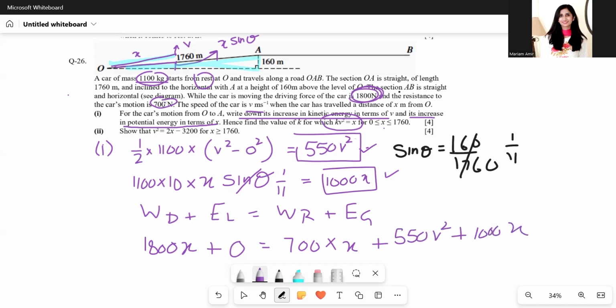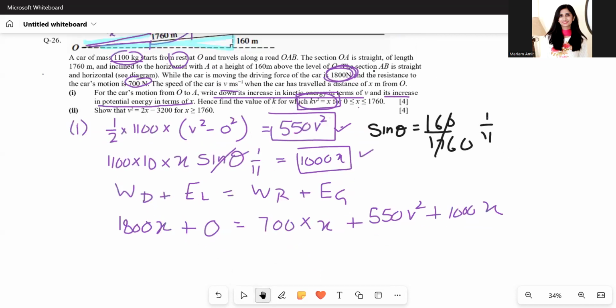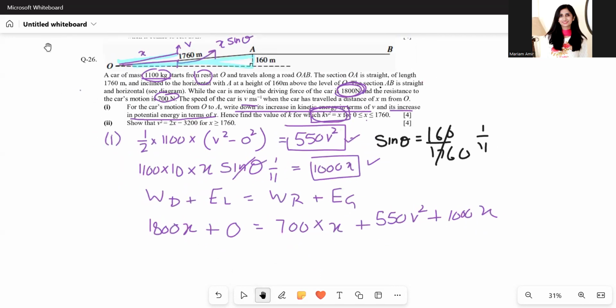Now we have an equation that has V and X in it. Now we're going to use this: kV squared equals X. Let's simplify this and see what k comes out to be.